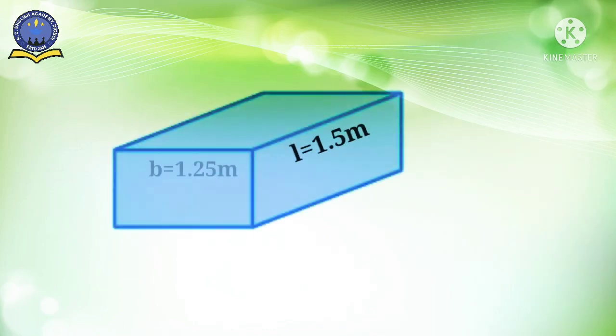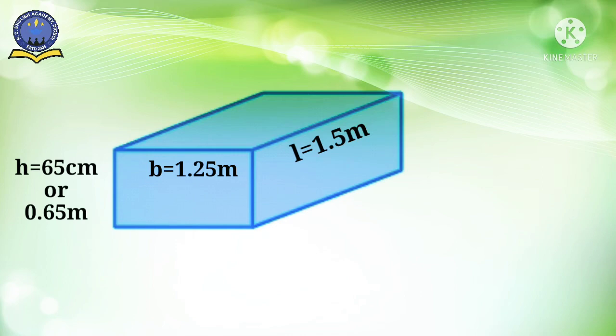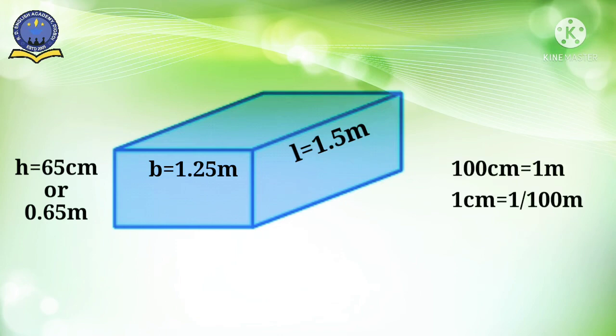We have to find the area of the sheet, and it is already given that the top part is open. In this question the length is 1.5 meter, the width is 1.25 meter, and the depth, that means the height, is 65 centimeter. We have to convert 65 centimeter into meter.